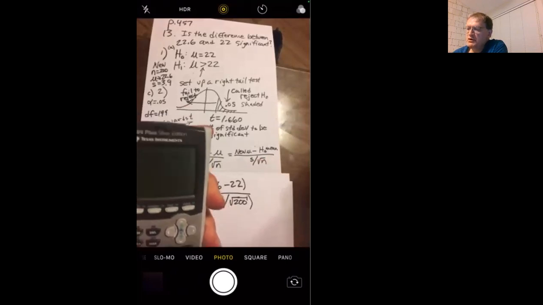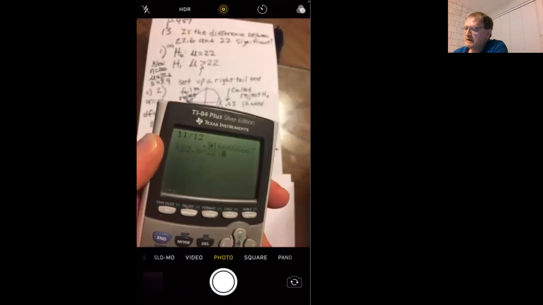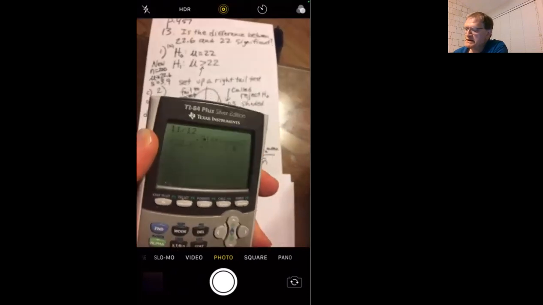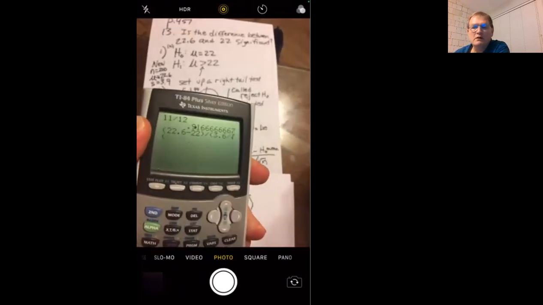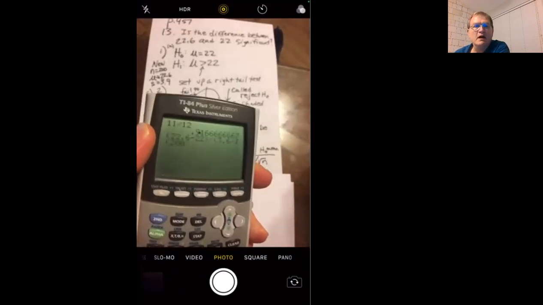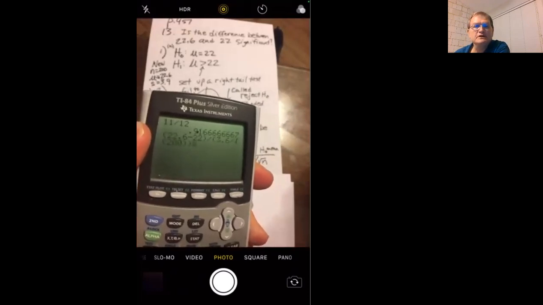If you need to watch me punch that in, see if you get what I get. 22.6 minus 22, parentheses, 3.9 divided by the square root of 200. I think I got all the parentheses matched.